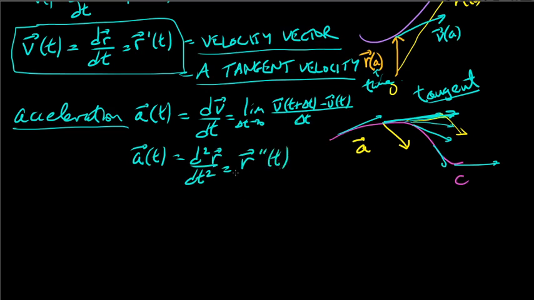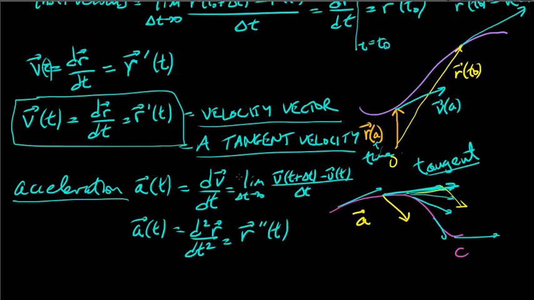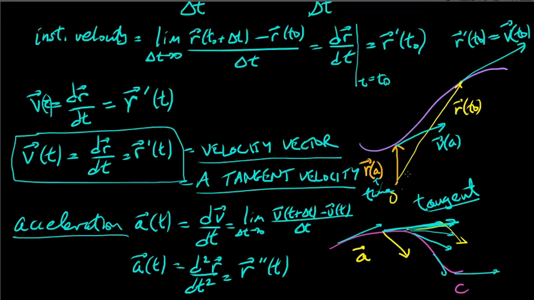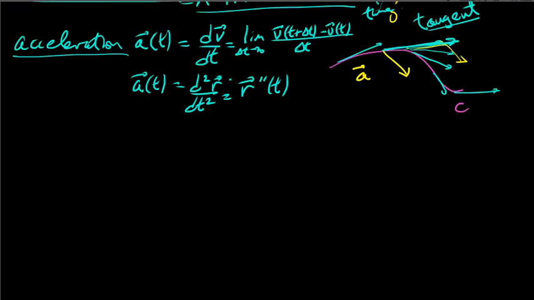So that's a good example of taking the second derivative of a function. You get the acceleration as a vector, if r represents position, of course. So just a very simple example.